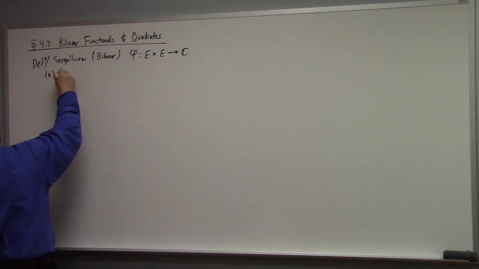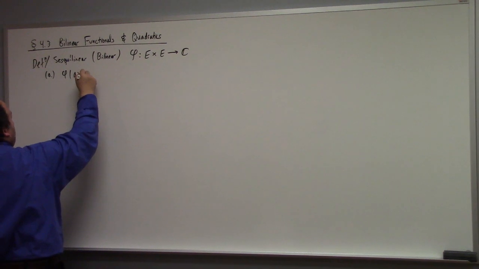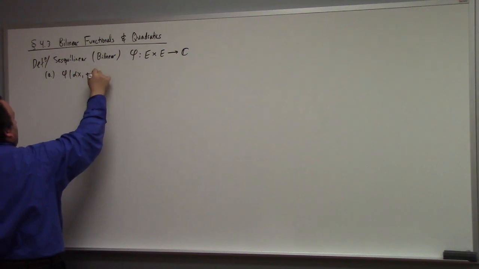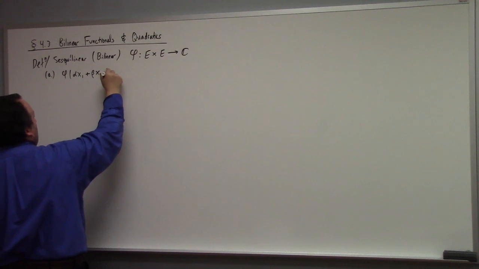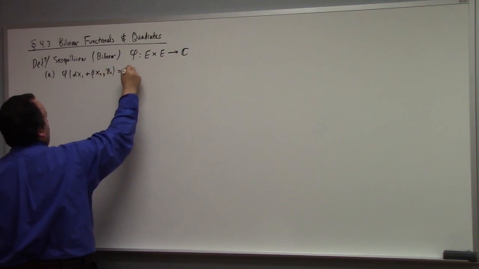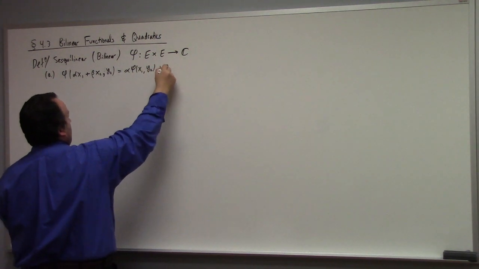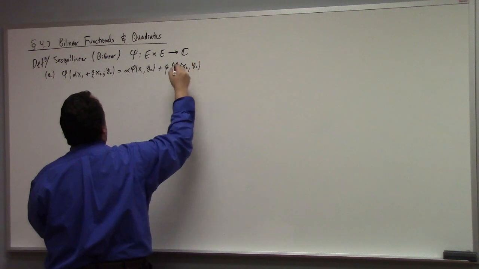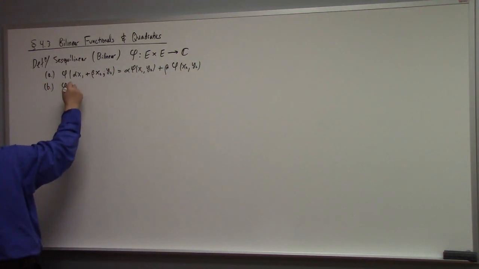Anyway, so here that satisfies, for one thing, phi of alpha x1 plus beta x2, y2 is alpha phi of x1, y2 plus beta phi of x2, y2, and then you've got that conjugate linearity in the second slot.